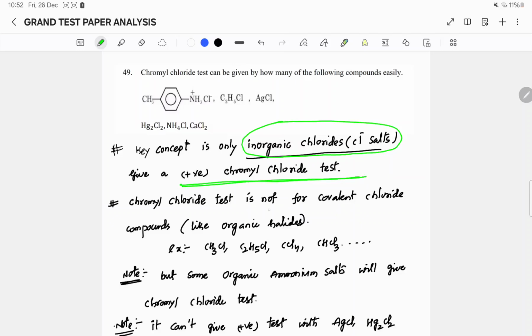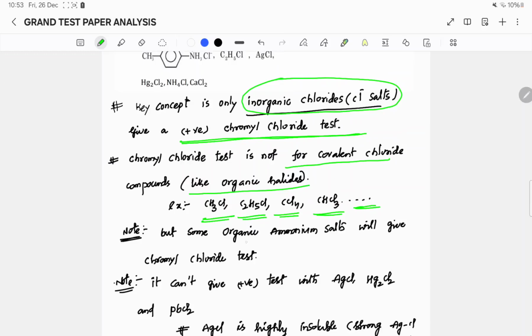Chromyl chloride test is not for covalent chloride compounds like some organic halides like methyl chloride, ethyl chloride, carbon tetrachloride and chloroform, etc. But some organic ammonium salts will give the chromyl chloride test, right?